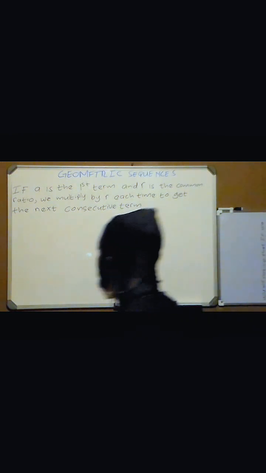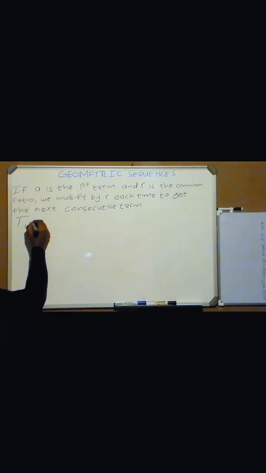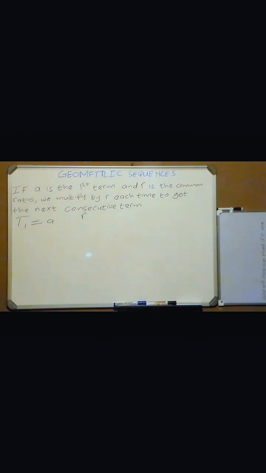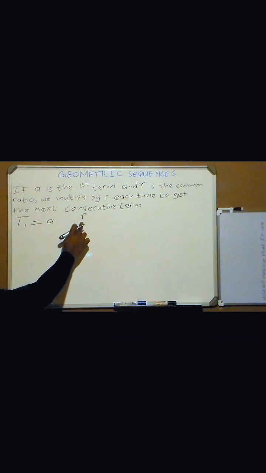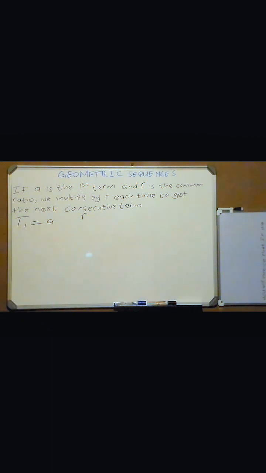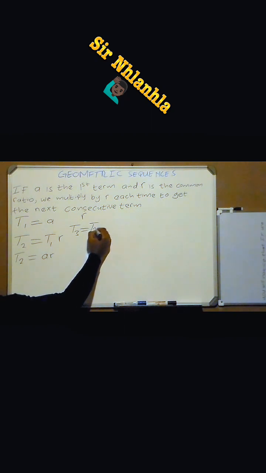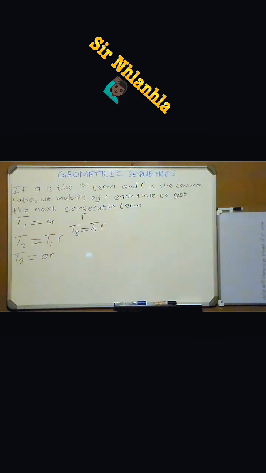From the statement, we are already given the first term, so T1 is equal to a, and we have our common ratio as r. We multiply r by the first term to get the next term. So T2 is equal to T1 multiplied by r, which is ar. To get T3, T3 is equal to T2 multiplied by r.